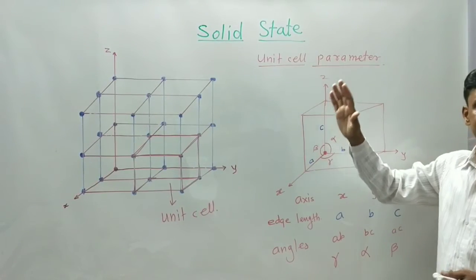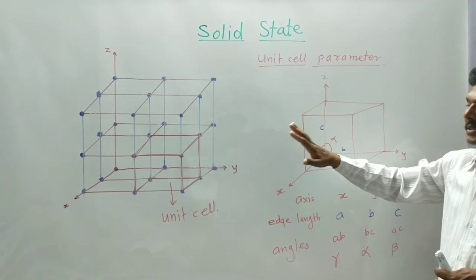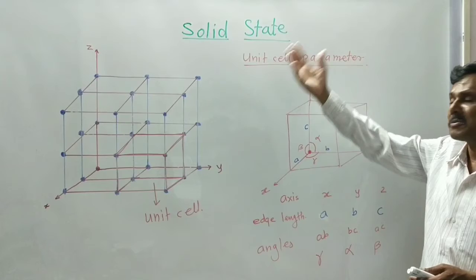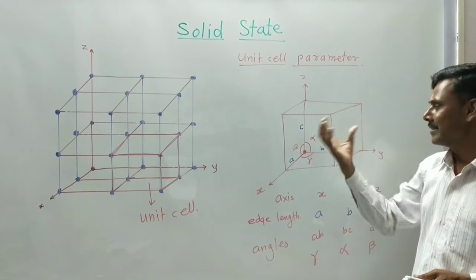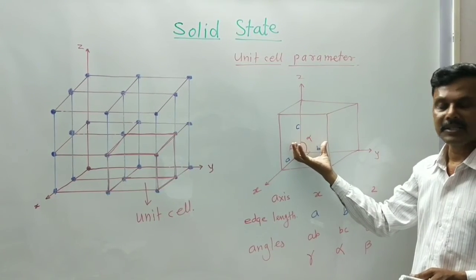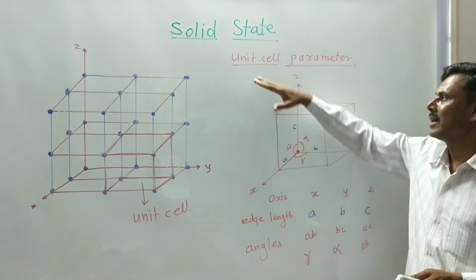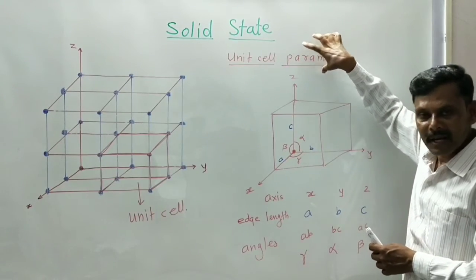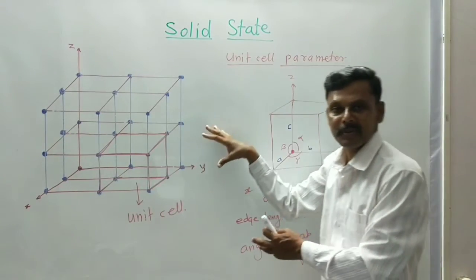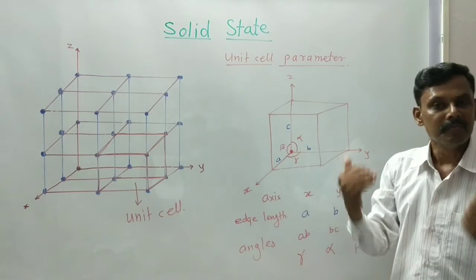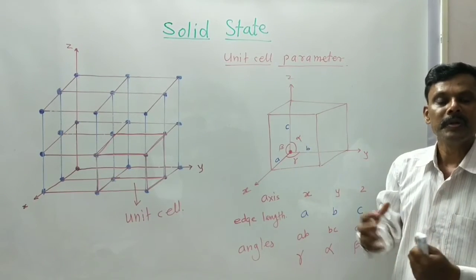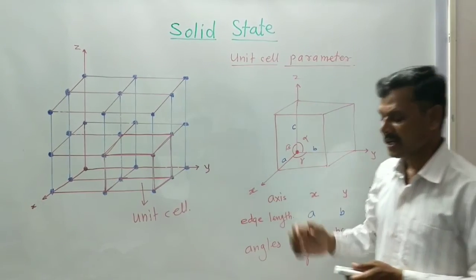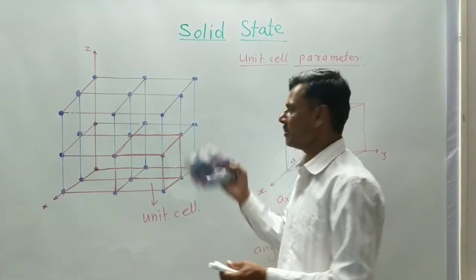To determine these 7 crystal systems and Bravais lattices, we have to go further into the types of unit cell, that is, how particles are arranged in the unit cell. And by using these two terms, that is parameters of the unit cell and type of unit cell, we are going to know the 7 crystal systems and the 14 Bravais lattices. Now let us move towards the types of unit cell.